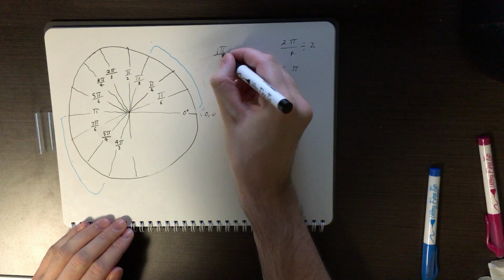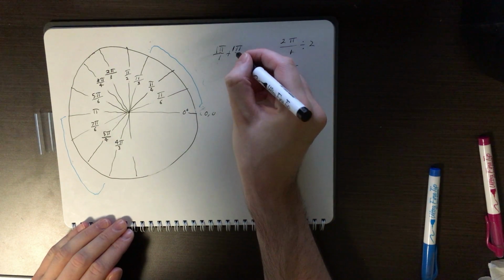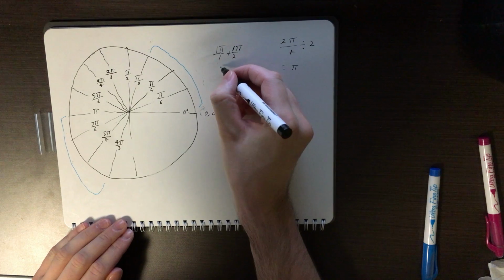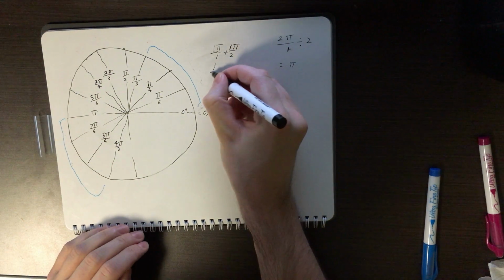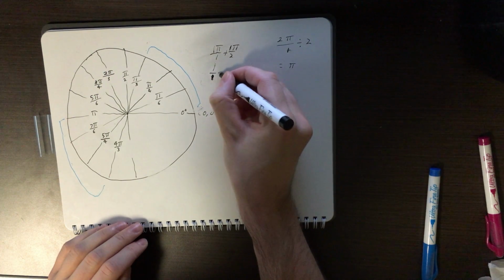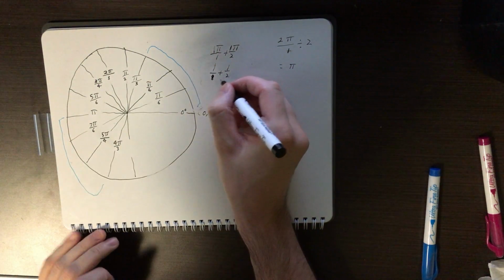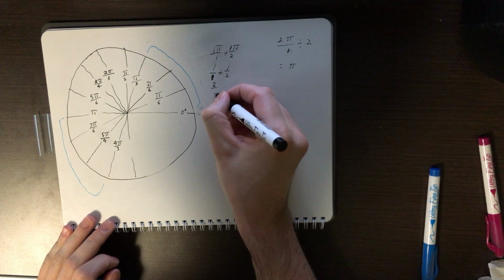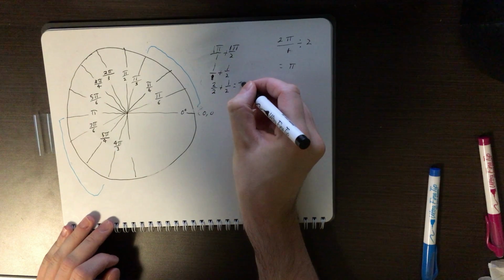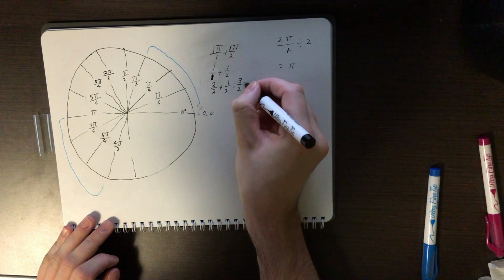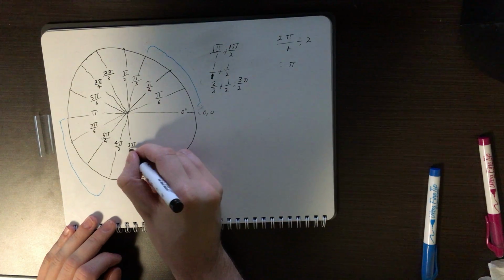So 1 pi over 1 plus pi over 2. 1 over 1 plus 1/2. And finding the lowest common denominator, we have 2 over 2 plus 1 over 2 equals 3 over 2. Tack on a pi, so you have 3 pi halves.